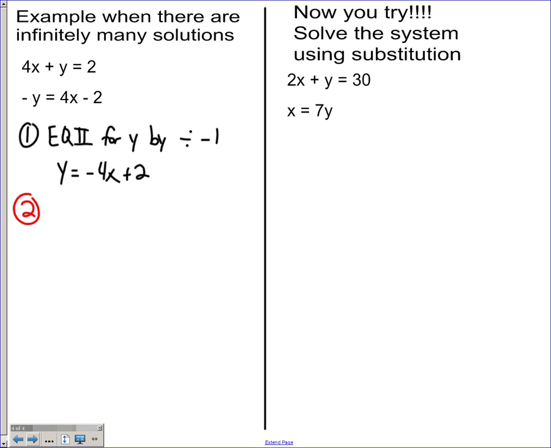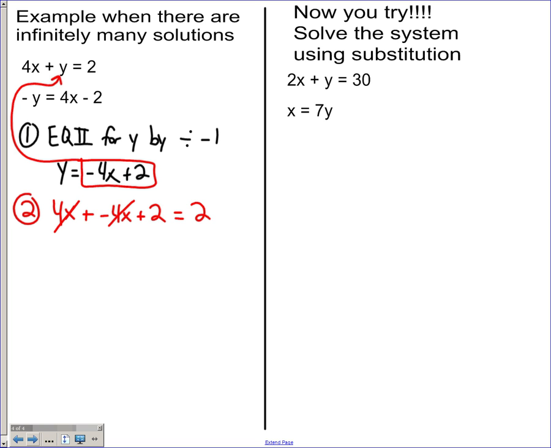Step 2, I'm going to plug that value for y into my first equation. So I'm going to get 4x plus y, which happens to be negative 4x plus 2, and that's equal to 2. So my positive 4x plus my negative 4x, those are going to cancel out.